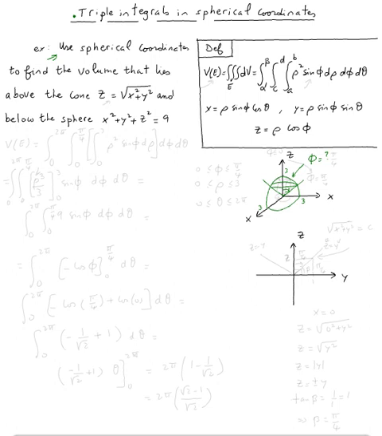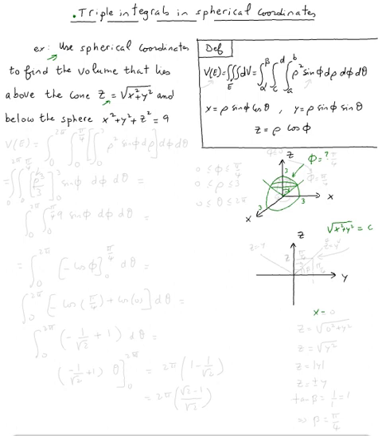Here's another way of doing it. Instead of converting the equation z equals square root of x squared plus y squared to spherical, you could look at the intersection of the cone with the zy plane.